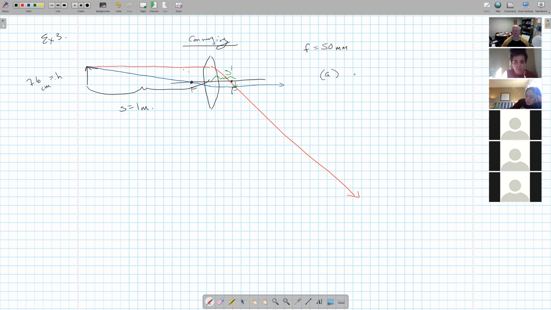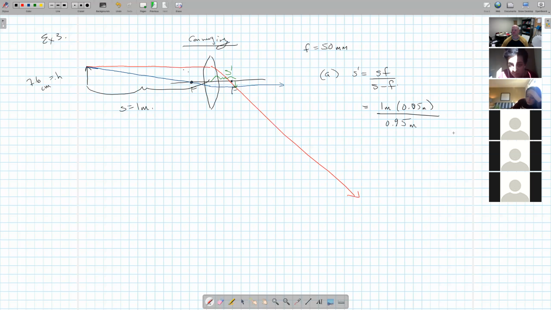So where is this guy formed? We know S prime is going to be equal to S times F divided by S minus F. This is the same thing we did two problems ago for the converging lens. So good, let's plug in our numbers. We know this guy is 1 meter, and this guy is 50 millimeters. So it's going to be 0.05 meters divided by 0.95 meters.